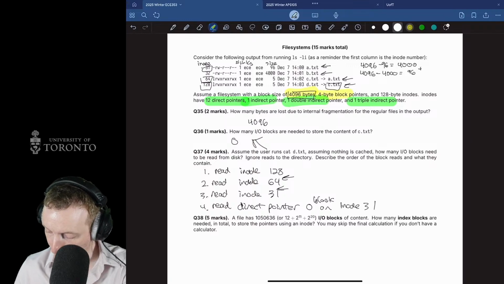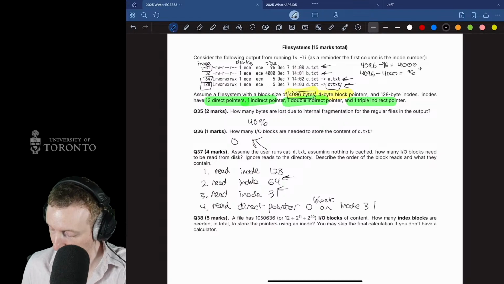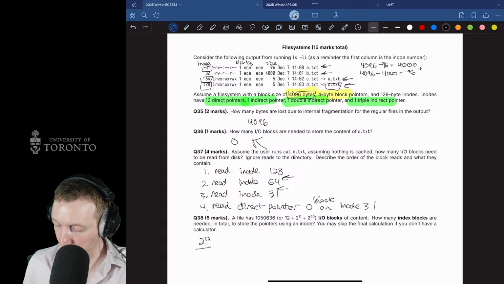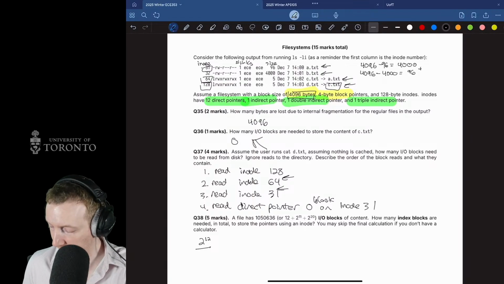4096, with 4-byte block pointers. So we can figure out how many pointers we can put on a single block. That would be 2 to the 12, which is 4096, divided by 2 to the 2, which is 4. That's our size of our block.